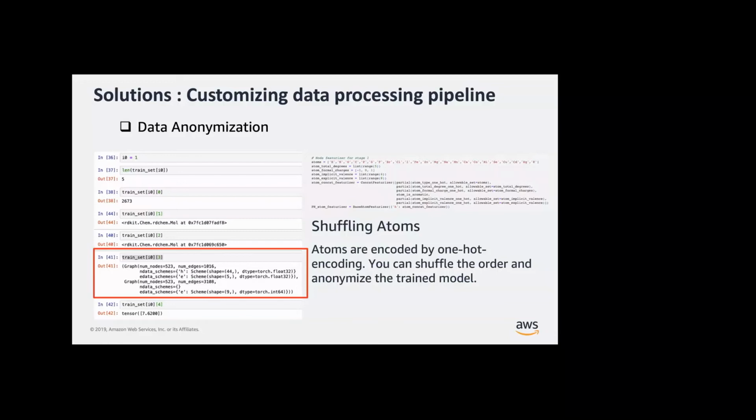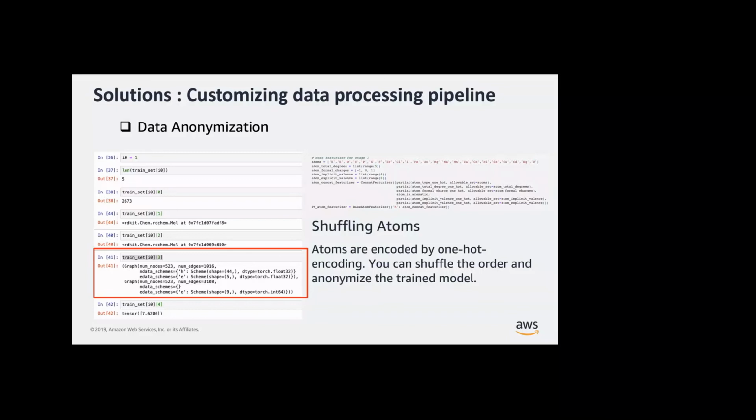If you see the node feature, which is given as a one-hot encoding, you can actually see which atoms correspond to which node. So that's also information the customer wants to hide.